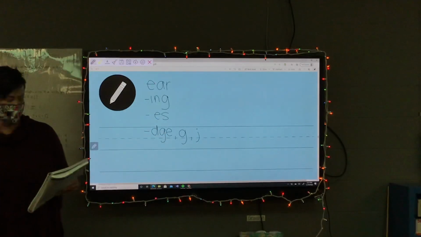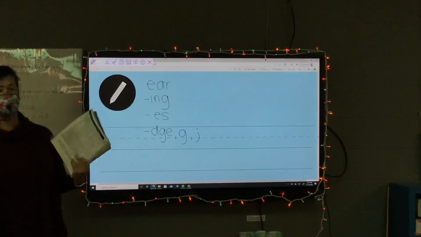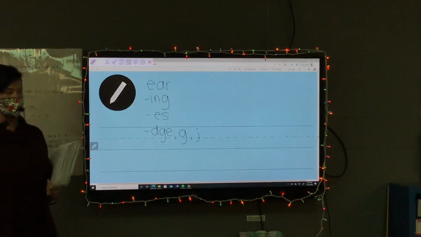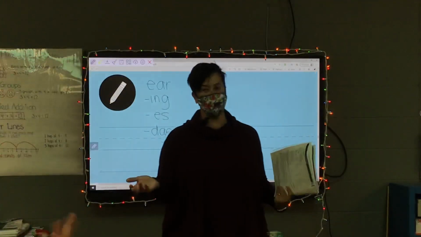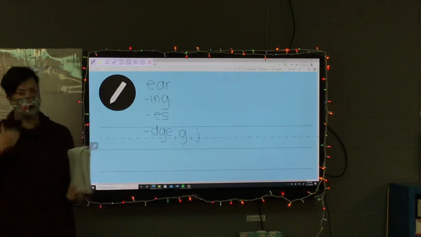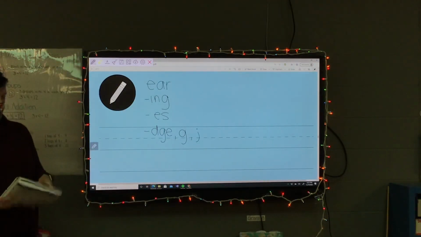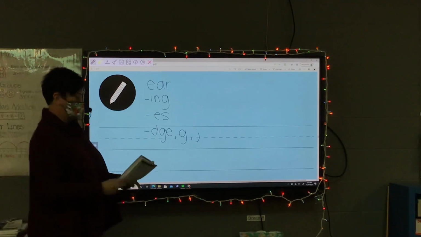All right. Then we did long O in the middle of a word. What does long O say, everyone? O. O. Long vowels say their own name. So, what's a way that you wrote? O-A.